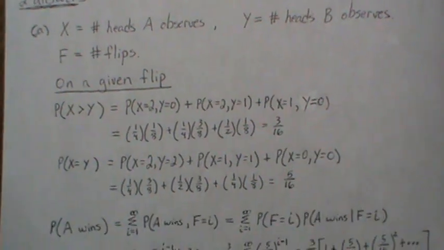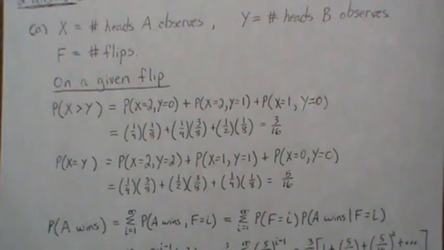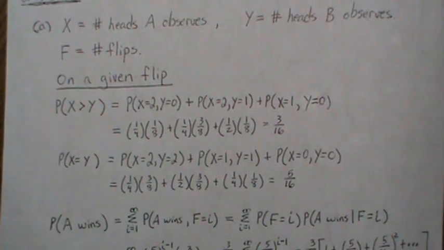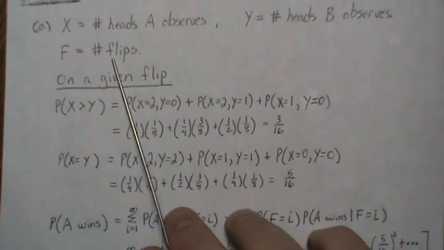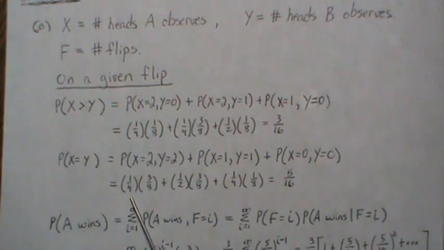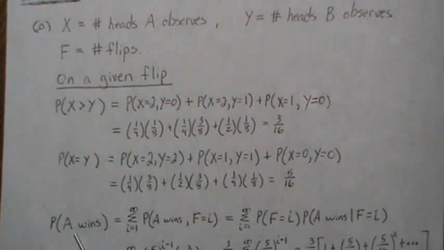So now let's calculate the probability that A wins. And you kind of get the way that I think about this. So the probability that A wins, if we introduce another variable called flips, and then sum over all possible values of that variable, then this is the same as this.